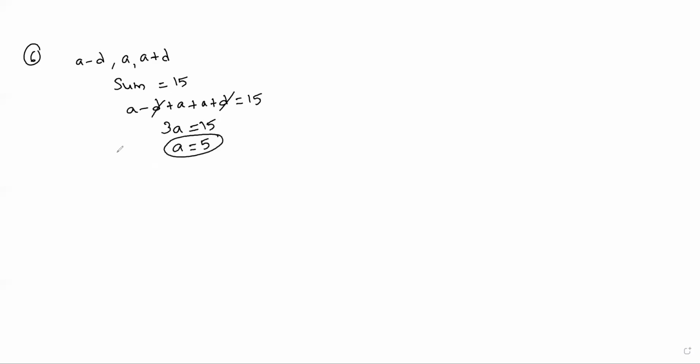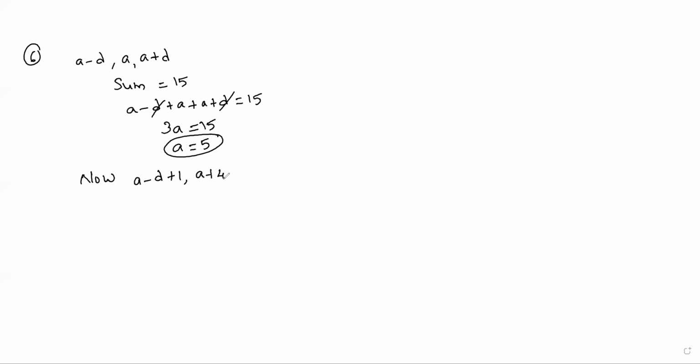If they are added by the numbers 1, 4, 19 respectively, they are in GP, then we need to find those numbers. Okay, this is the actual data. Now we are adding to a minus d, a and a plus d. For a minus d we are adding 1.